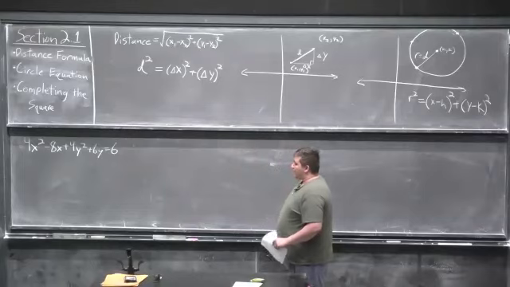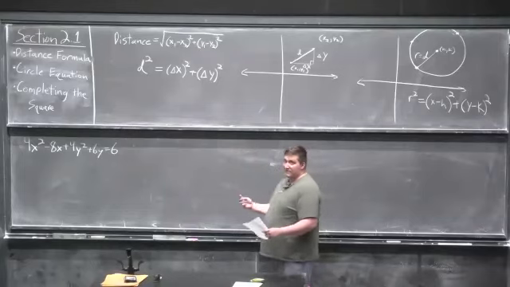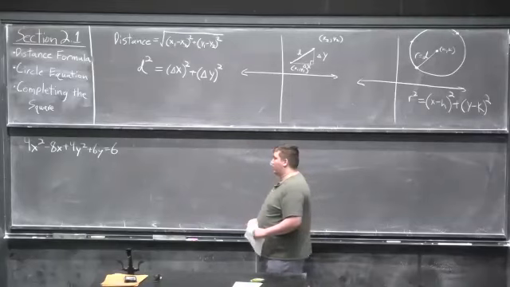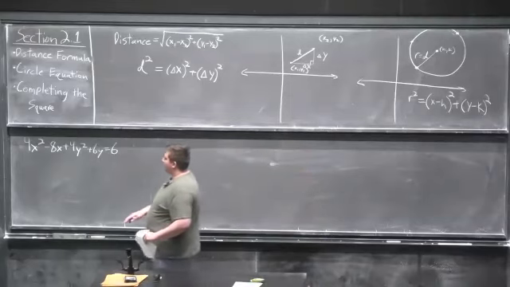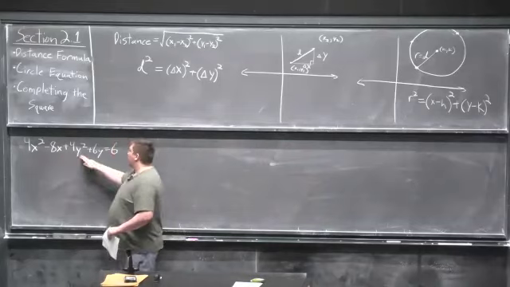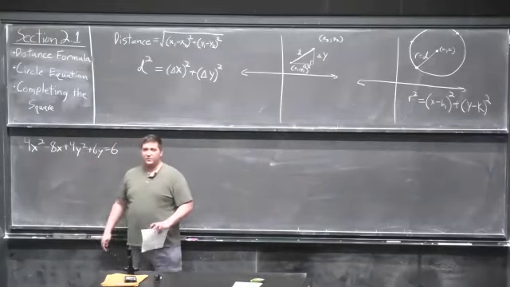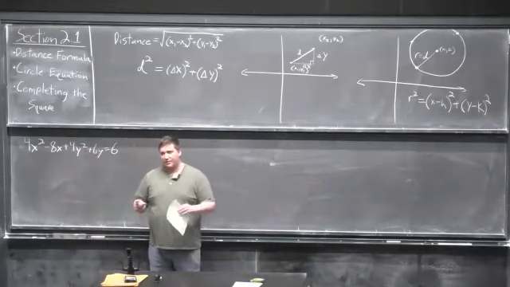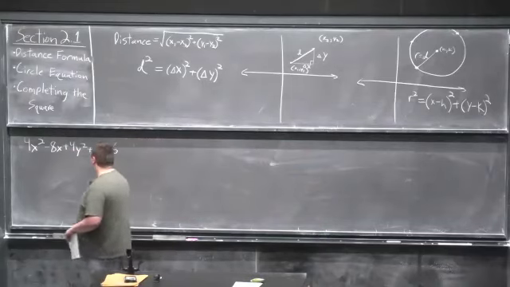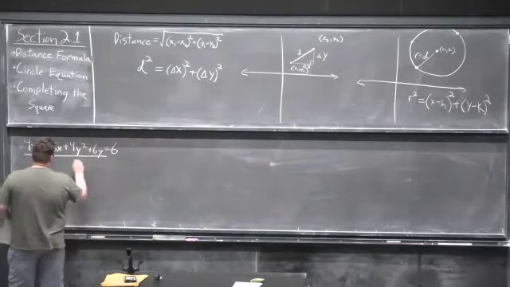Well, we would need some way of making this simpler and something we understand. Well, I see an x squared, I see a y squared. They're multiplied by something in front of them. So let's see if we can get that x squared and y squared by itself. So I'm going to divide this entire thing by 4.